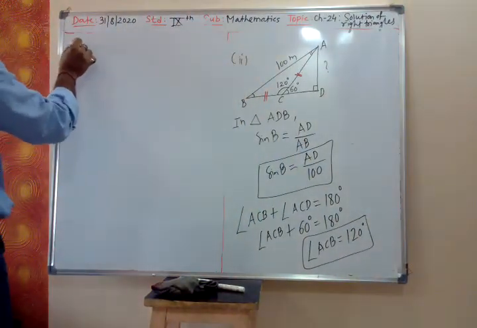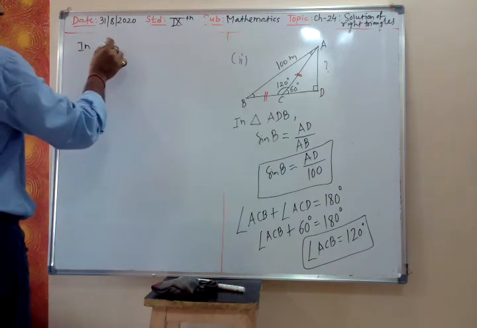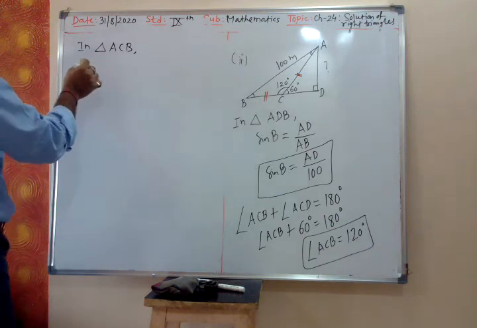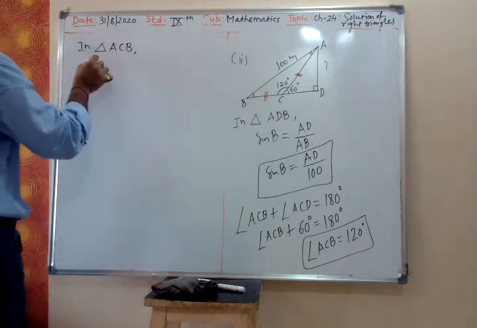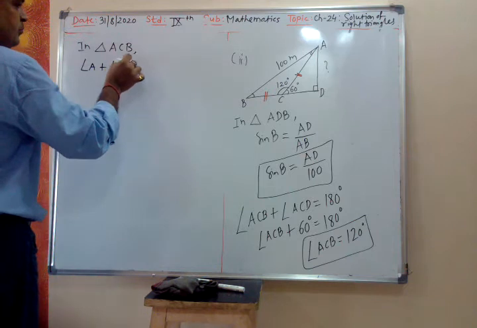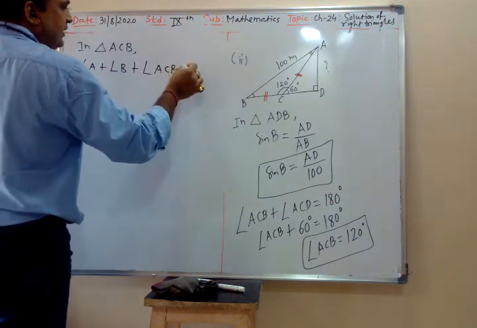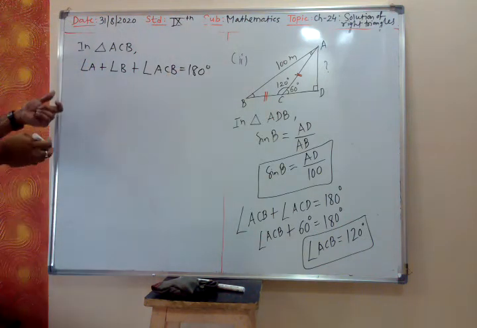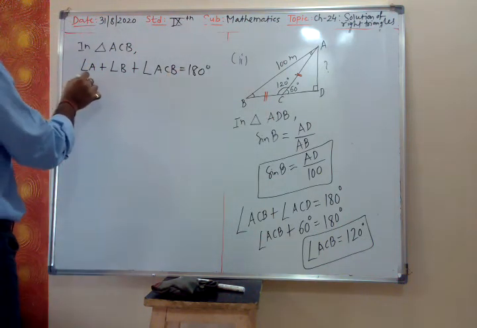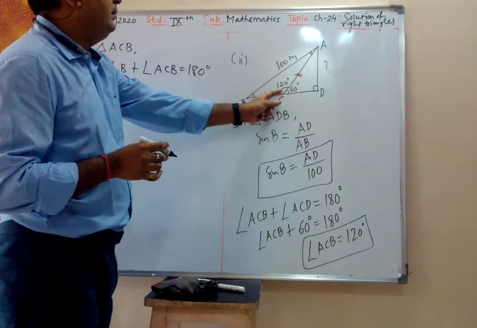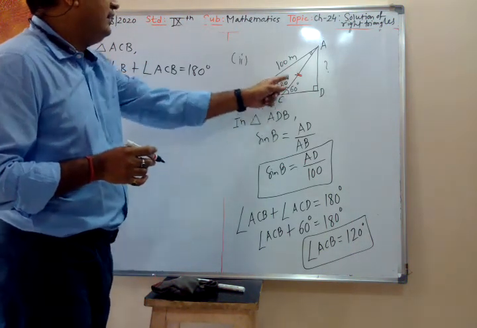Now in triangle ACB, the sum of all the angles of a triangle is 180 degree. Angle A plus angle B plus angle ACB is equal to 180 degree. C will be this angle also, that is why I have written ACB.